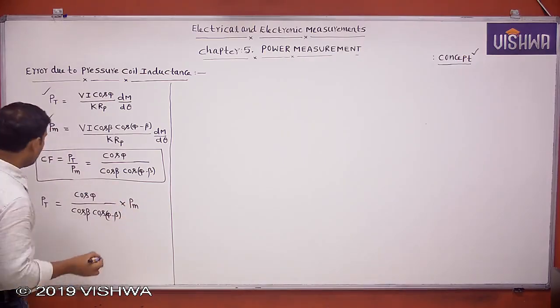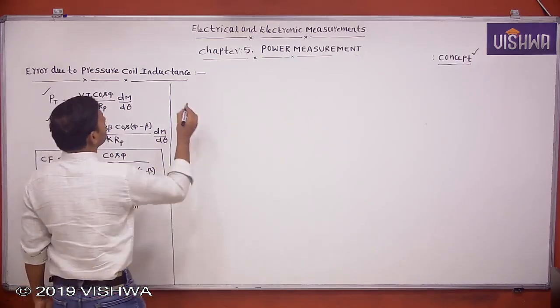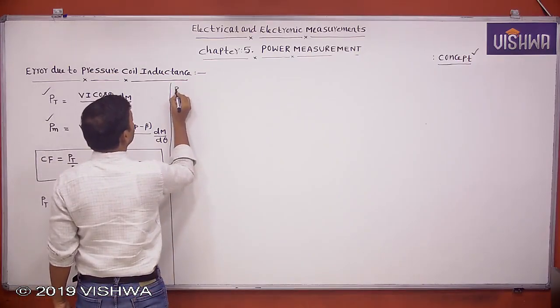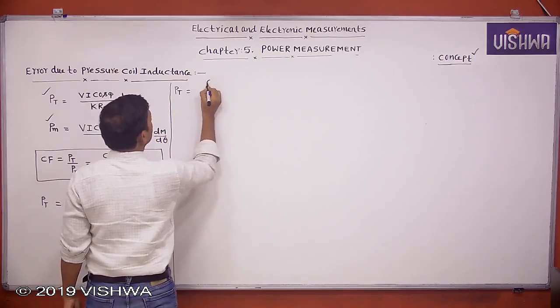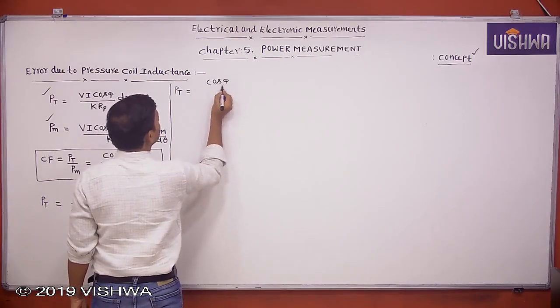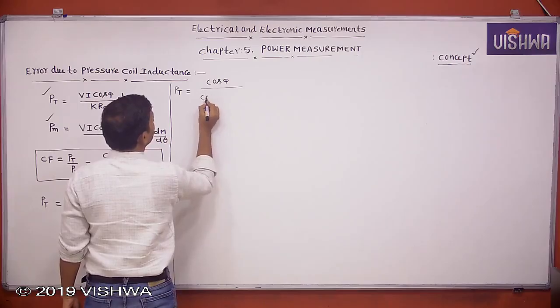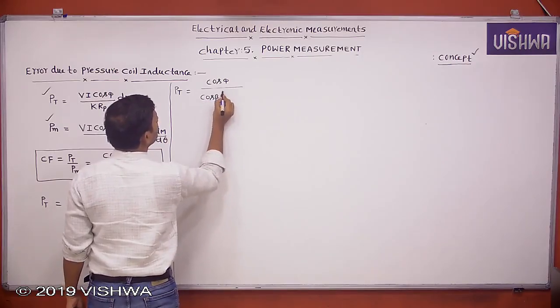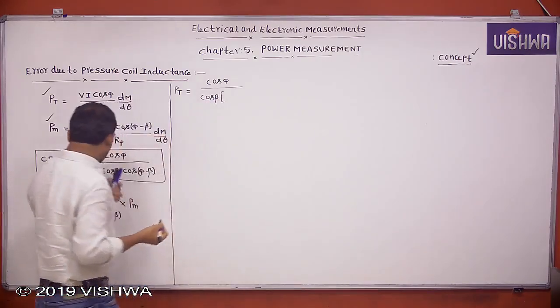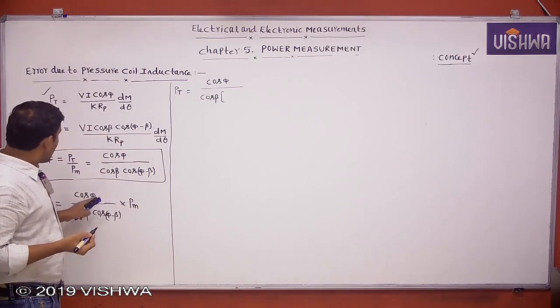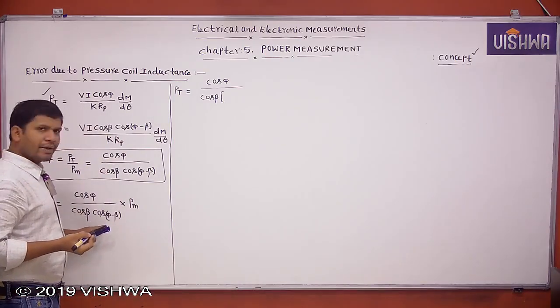Then true power equals cos phi by cos beta into cos of phi minus beta.